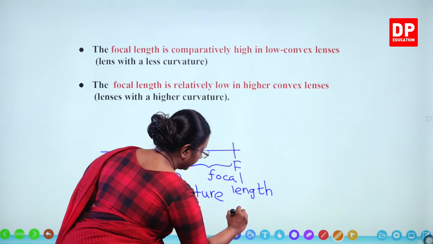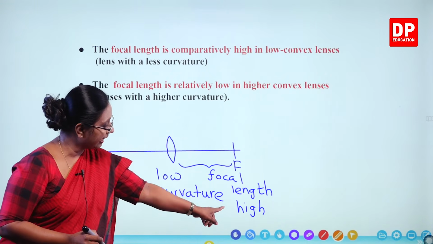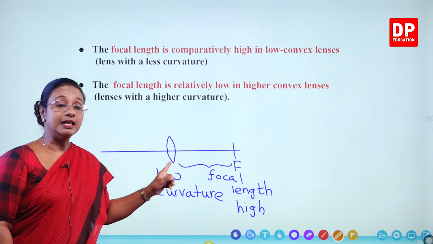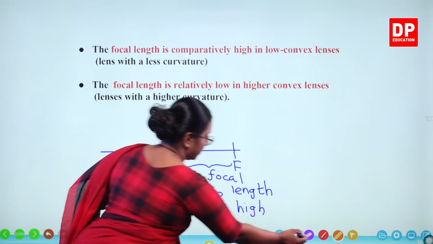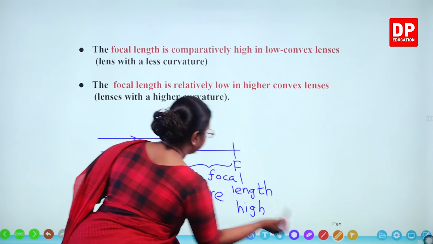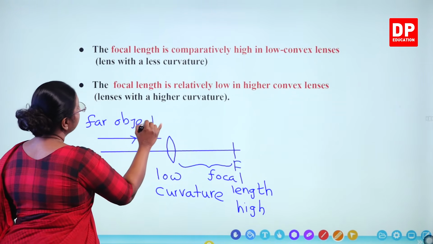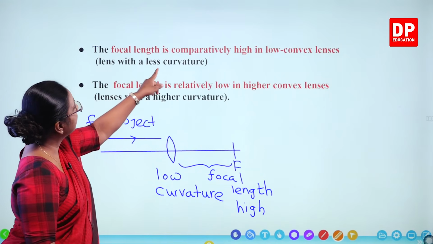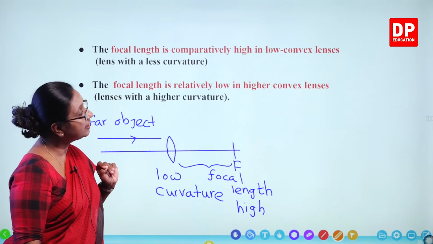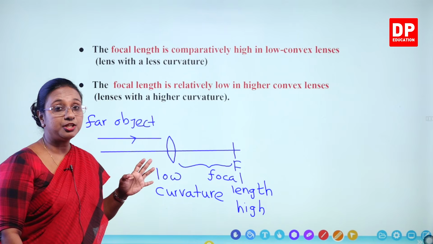Focal length high. So when the curvature is low, focal length is high. What type of objects can be observed clearly here? The far away objects. So here we can observe the far objects clearly. Far objects. That is the first point. The focal length is comparatively high in low convex lenses. Lens with less curvature. Is that clear to you all?